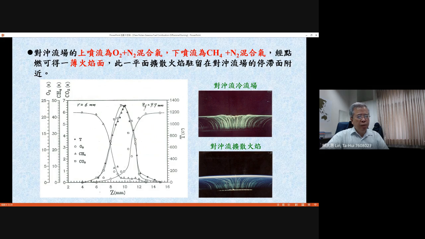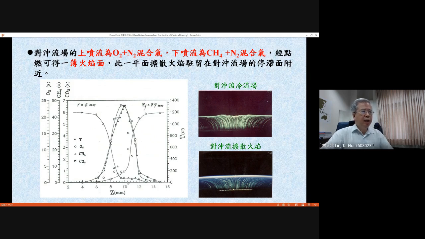However, they still keep a small amount of methane until a certain position on the oxidizer side, where it completely finishes. Okay, and this is another evidence to let you know there is fuel and oxygen leakage in the neighborhood of a diffusion flame.